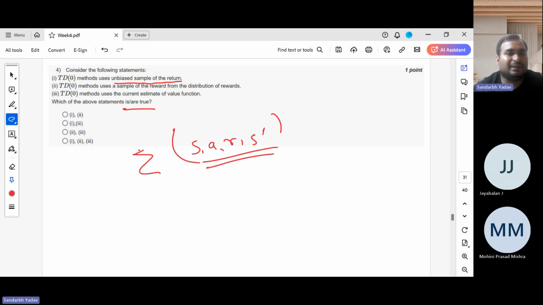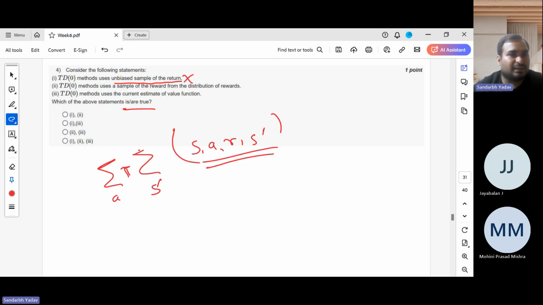Otherwise, you would have done this sigma, which DP does, over all the possible actions with some probability. So we are not using the unbiased one. We are using a biased one, but since we are doing it again and again a large number of times, it converges if we do it till infinity. But as of now, for one update, you cannot say that it's unbiased. So this is wrong.